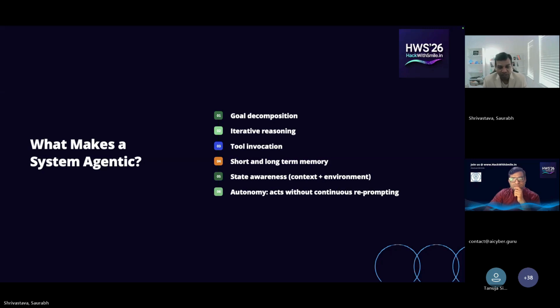There is a different way of thinking about the system, and there is always confusion between AI agent and agentic AI, right? Generative AI is simply generating content. It may be an image, a fancy video, or text using LLM models.